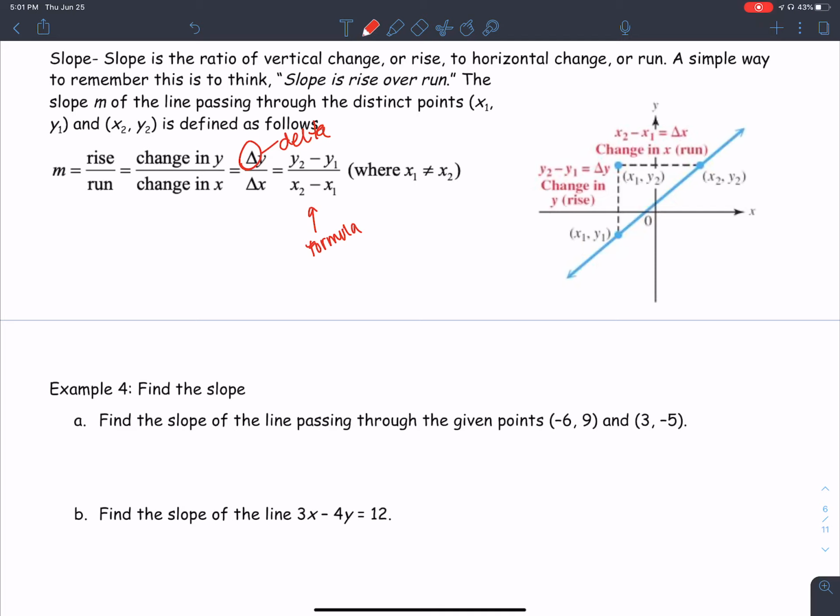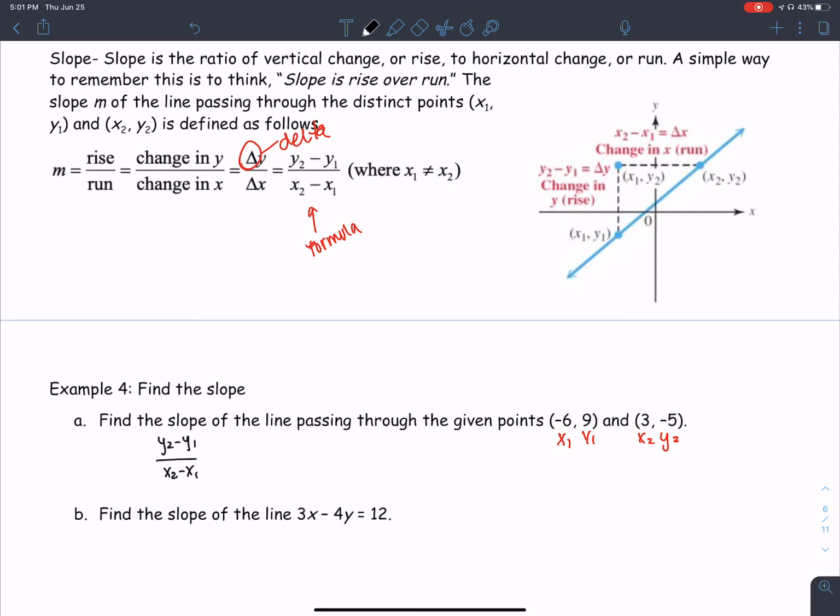So we're going to find the slope of these lines by using the formula. Anytime we see 2 points, we're going to label them x1, y1, x2, y2. Again, our slope formula is y2 minus y1 over x2 minus x1, and we put them in the formula.